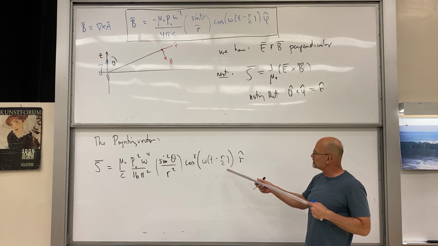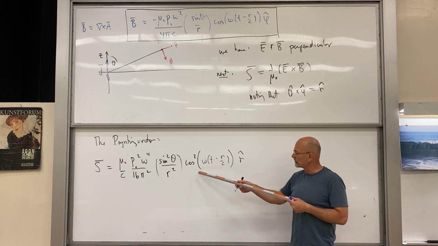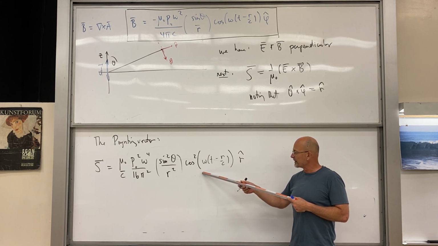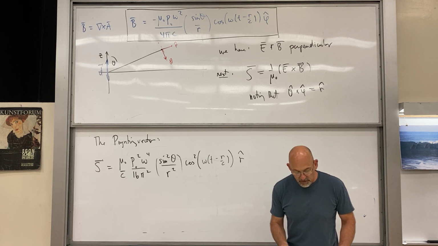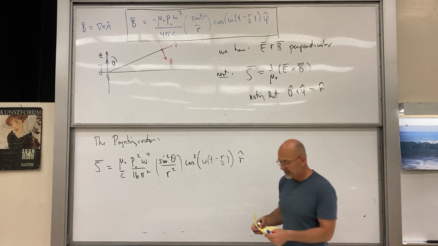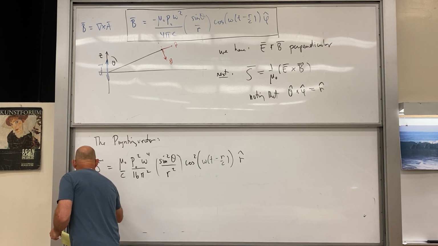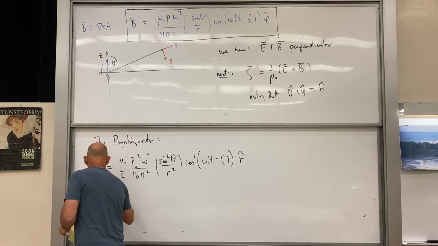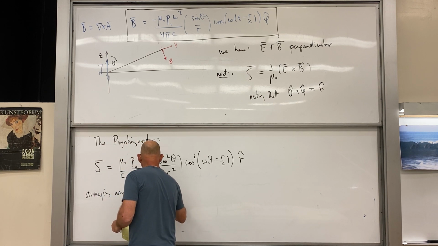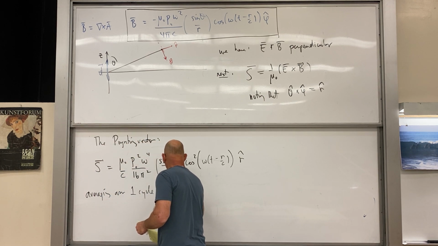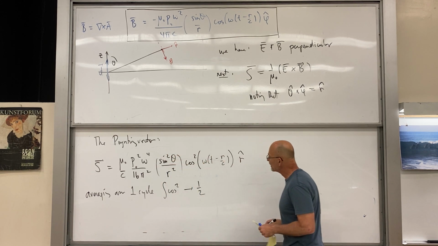If we average it over one cycle, we can average the cosine squared over one cycle, and we get the 1/2. So averaging over one cycle, cosine squared gives us 1/2.